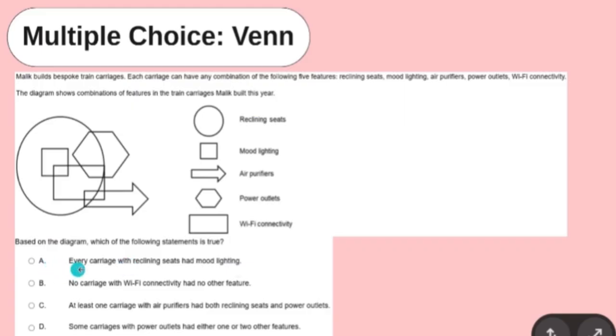So statement A, every carriage with reclining seats have mood lighting. Okay, so we're looking for reclining seats, which is, as said here, a circle. So this massive circle. And we're seeing whether every carriage with reclining seats had mood lighting. Mood lighting is that square.